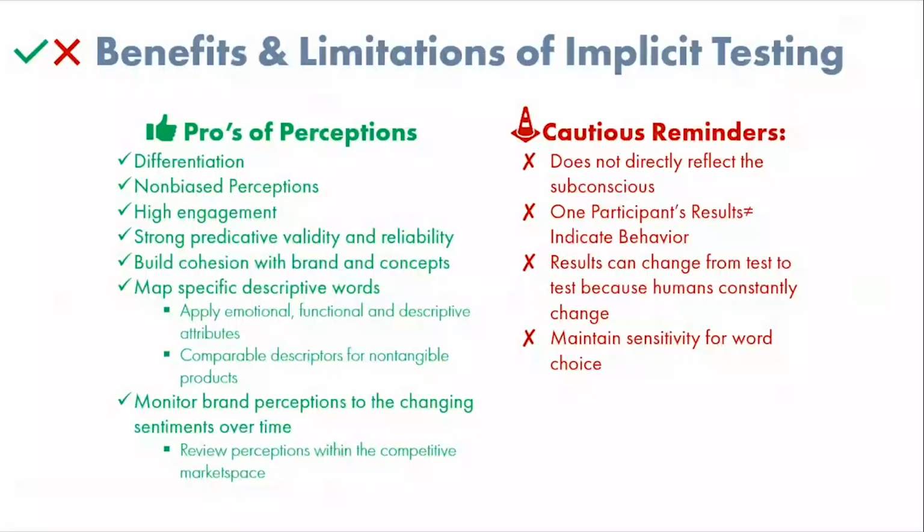And to that point, we in the industry use words to describe certain products, but we want to make sure that we're using words that the consumers would actually use to describe the products. So sometimes it can be really important to do that upfront research to find out how consumers describe the products and then use that language. While we might say luxurious, maybe they wouldn't say luxurious. Maybe they would just keep it super simple and say fancy, right? Right. And if that's the terminology they use for it, that's what you want to test because that's going to give you the best representation of how they actually feel.